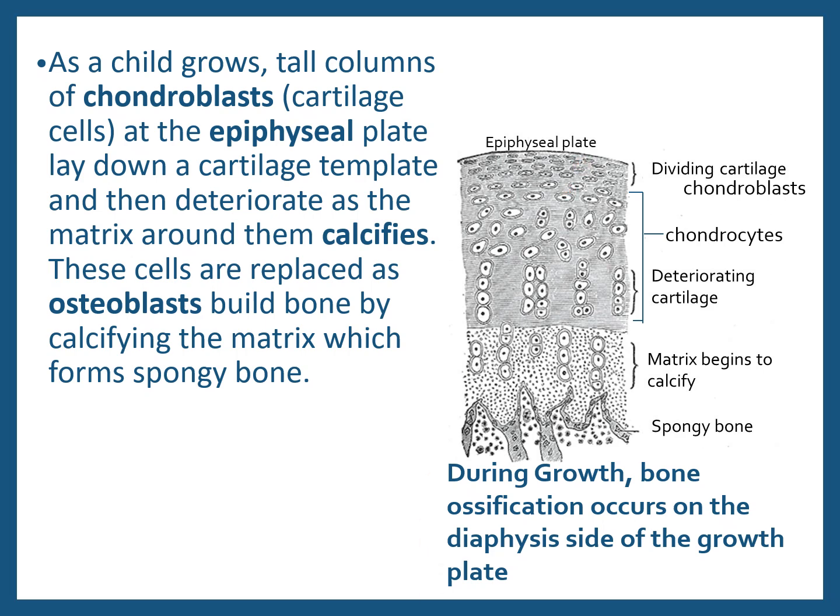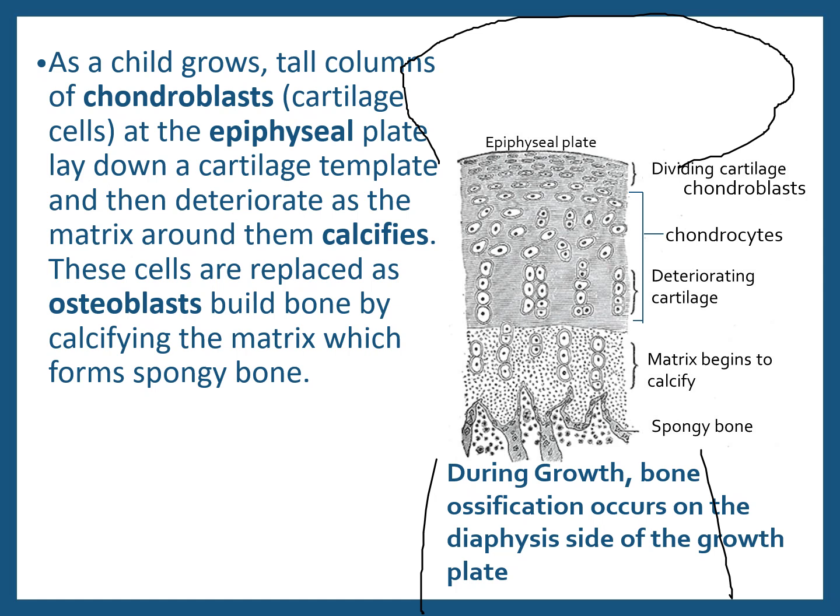If we think about the anatomy of the bone, this is occurring in the metaphysis, with the epiphysis over here and the diaphysis on this side. So these dividing cartilage cells, these chondroblasts, are going to lay down a template on the epiphysis side of the growth plate.